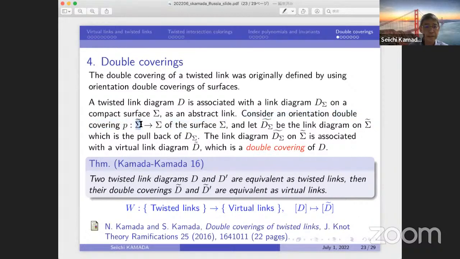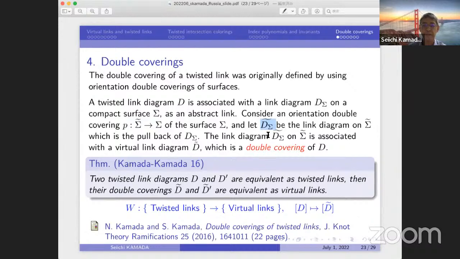That double covering is sigma tilde. Sigma tilde is a double covering of the surface sigma. And let D tilde be the link diagram on sigma tilde, which is a pullback of the diagram D. So the original diagram D sigma is on sigma. And using the double covering and taking the pullback, we have a link diagram on sigma tilde.